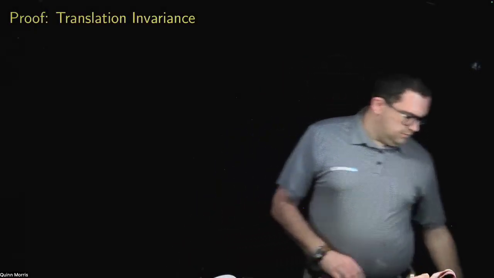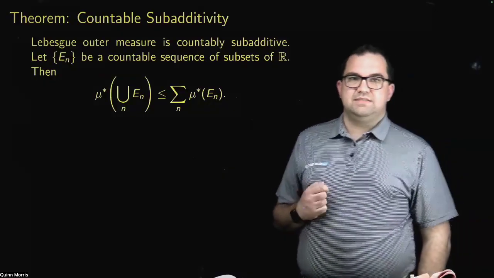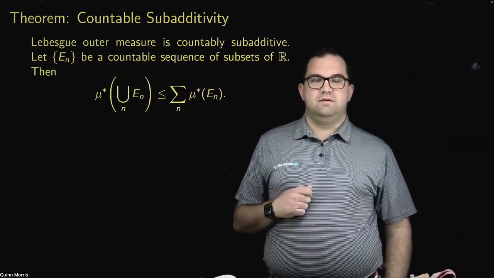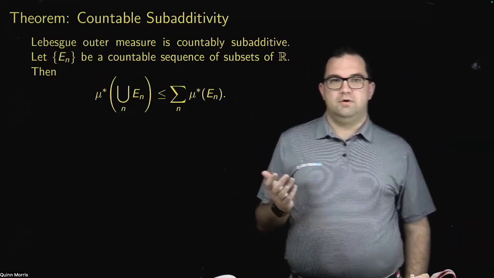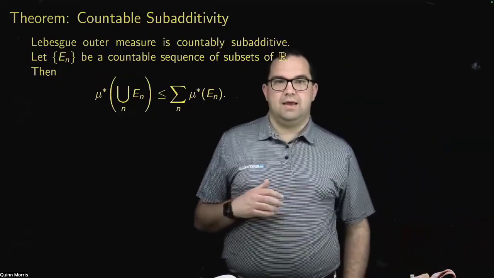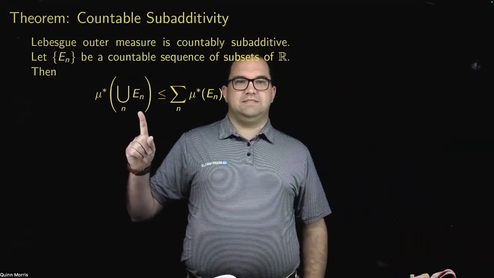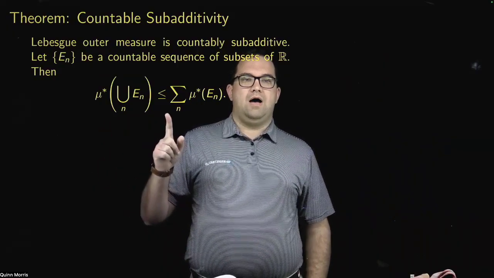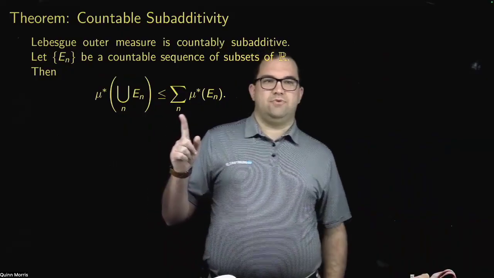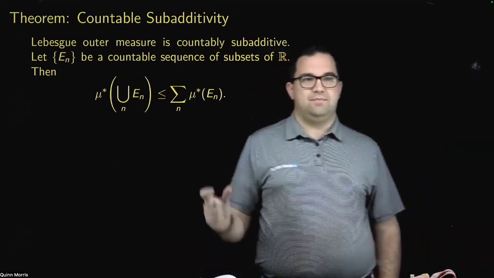So what I actually want to prove is if I have a countable sequence of subsets of R, say E_n, then if I union all of those E_ns together and then take their outer measure, I'll get a value which is less than or equal to taking the outer measure of each individual set and then adding them together.